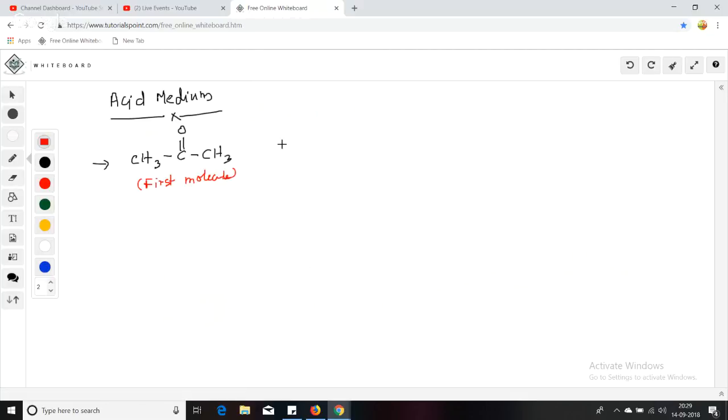Now suppose the acid we are taking is H plus, which is, suppose, HCl. Since this oxygen has 2 lone pairs of electrons, this lone pair attacks this hydrogen atom and Cl minus comes out. So the reaction goes like this: CH3 C double bond OH, positive charge on it, and then CH3. This is the first step.